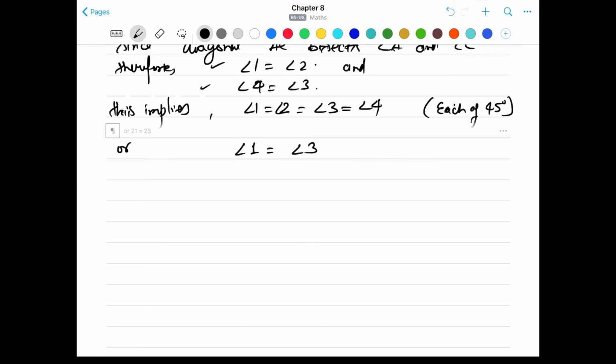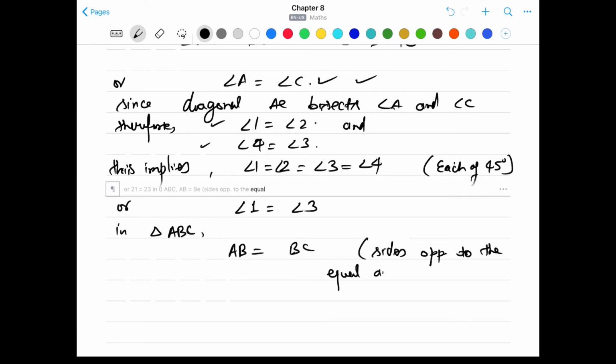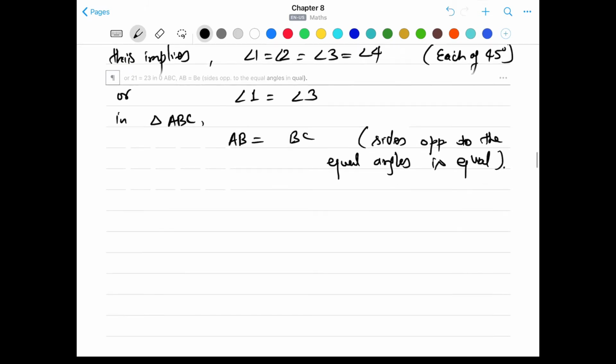So in triangle ABC, side AB will be equal to side BC. The reason for this is sides opposite to the equal angles are equal.